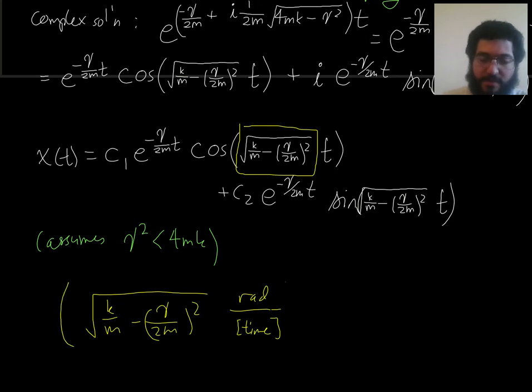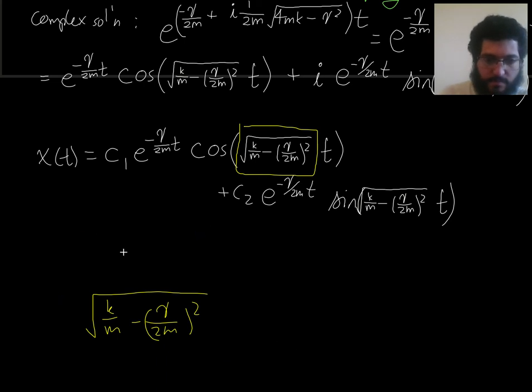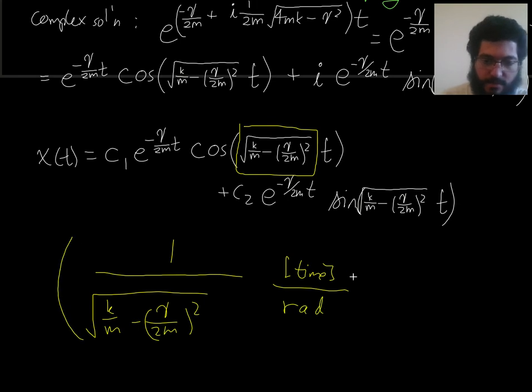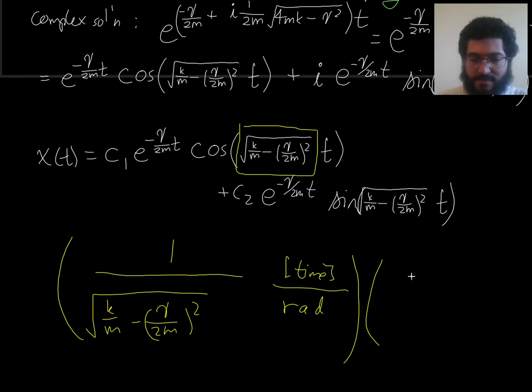And if you want to know the period using those same units of time, then you want to take the reciprocal of this number, so that you have how many units of time it takes for 1 radian of phase to pass, then multiplied by how many radians there are per cycle.